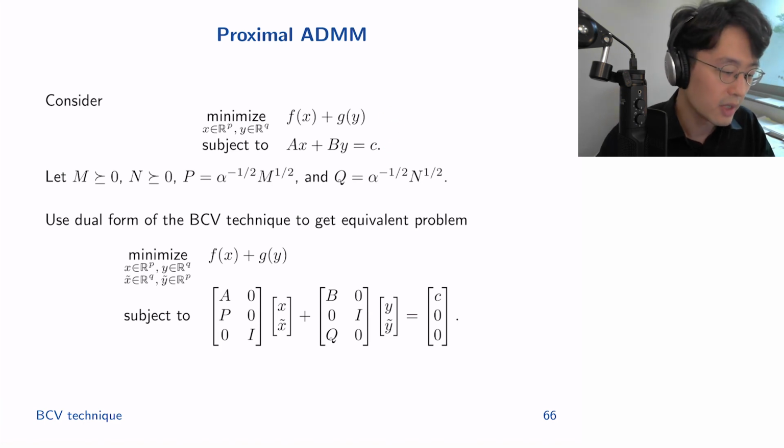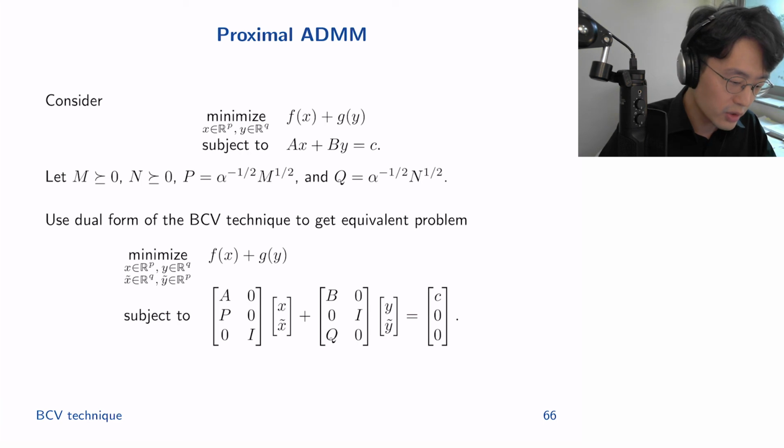Then we consider the positive semi-definite matrices M and N, and we define P using alpha and the matrix M, and Q using the scalar alpha and the matrix N. The dual form of the BCV technique is to consider this equivalent problem. In addition to the original variables x and y, we introduce the additional variables x tilde and y tilde.